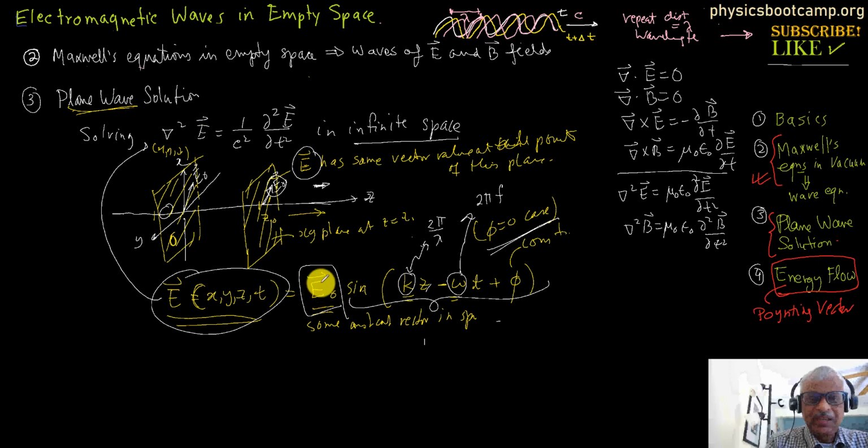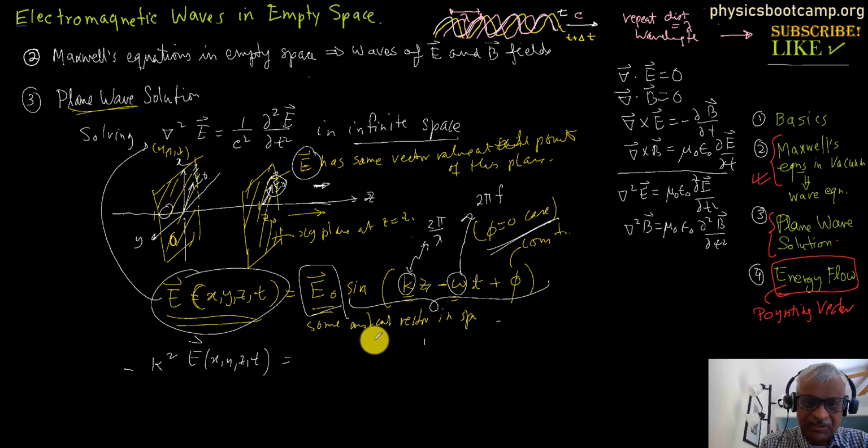So you can see the E0 from both sides will cancel out. To the left side, to take two derivatives, you're going to get minus k square, and the whole thing will just reappear. It's going to be E of x, y, z, t, because taking two derivatives brings the sine back to the sine and picks up a minus sign.